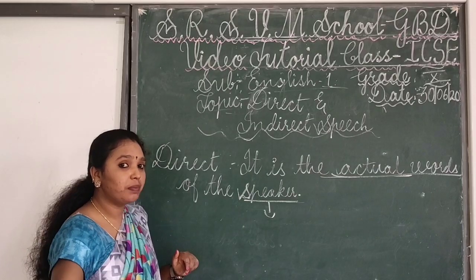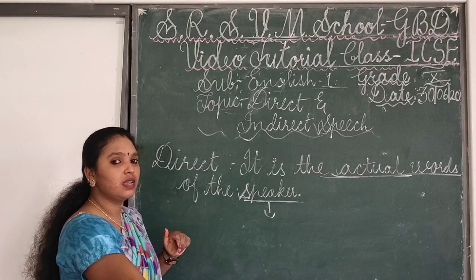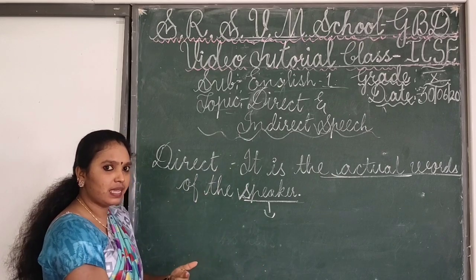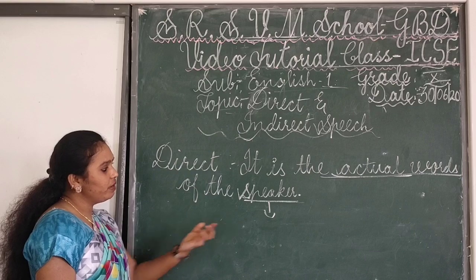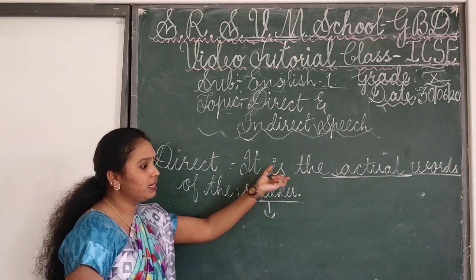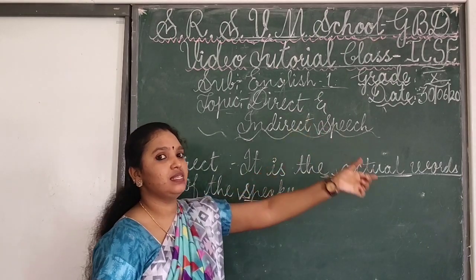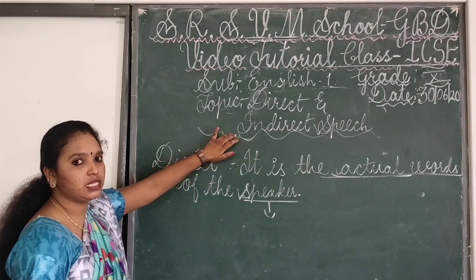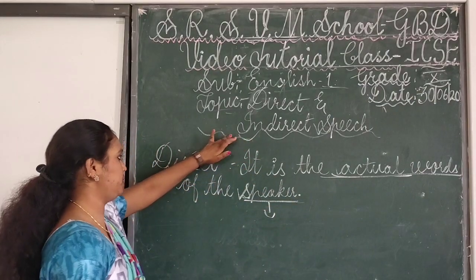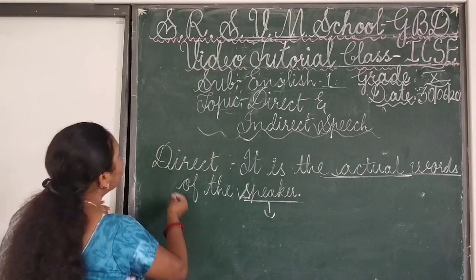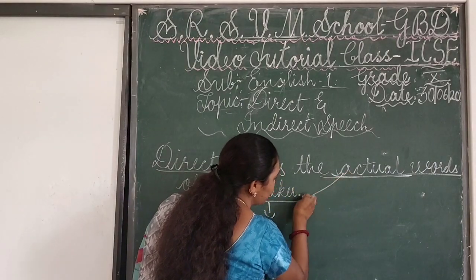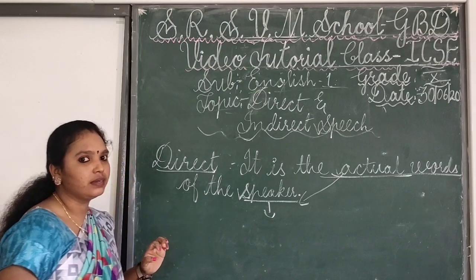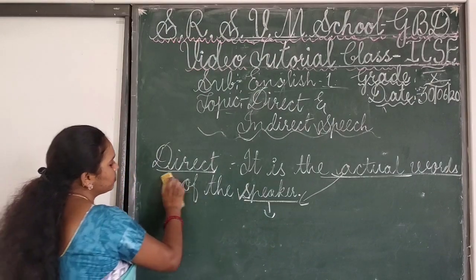The listener becomes the third person and the reporter becomes the second person. The speaker becomes the first person. So, a direct speech just represents the actual words of the speaker. Clear? Examples.